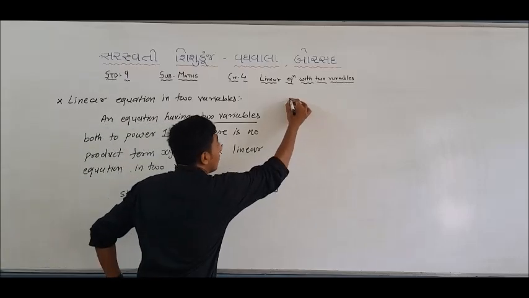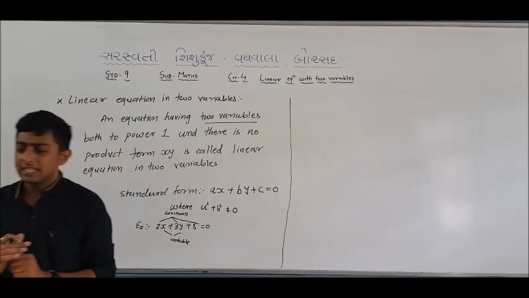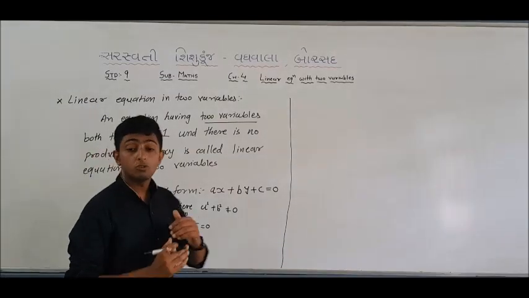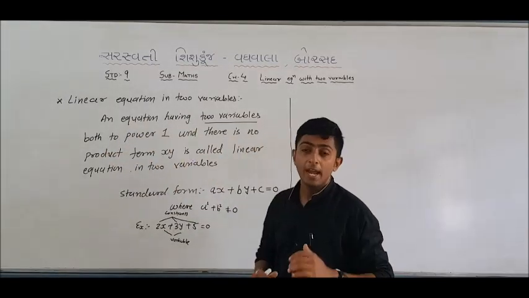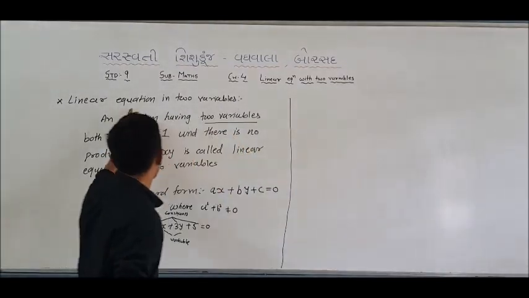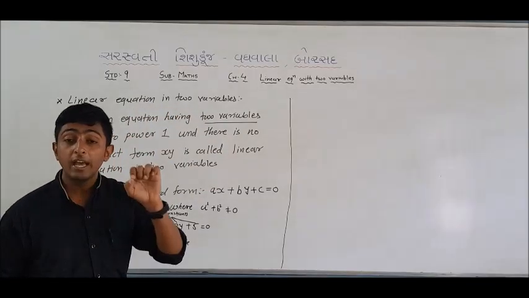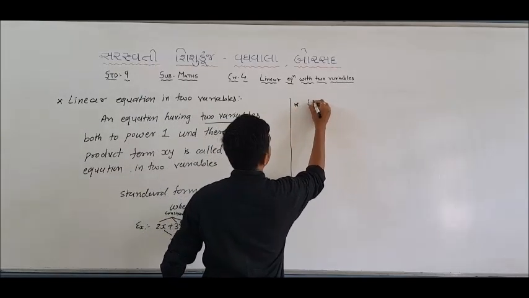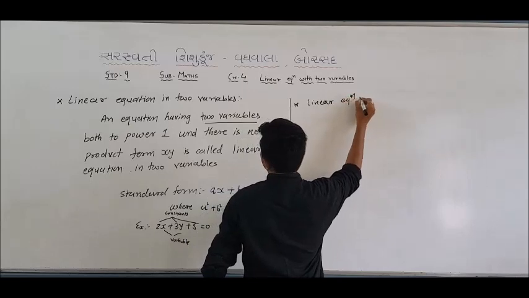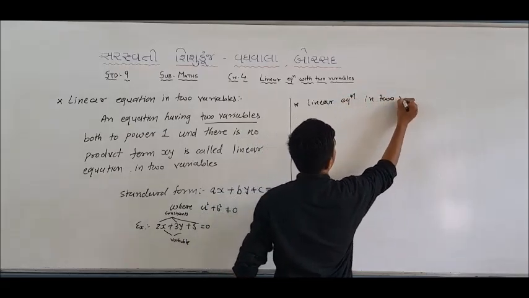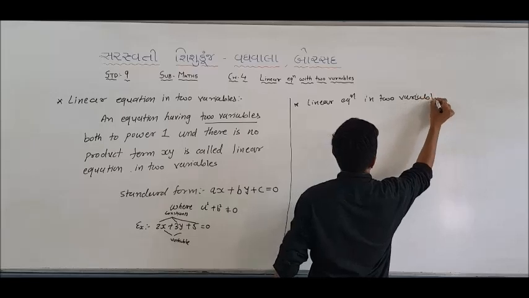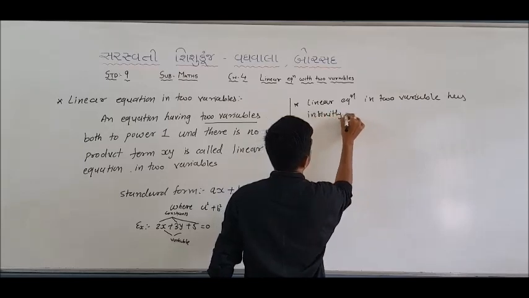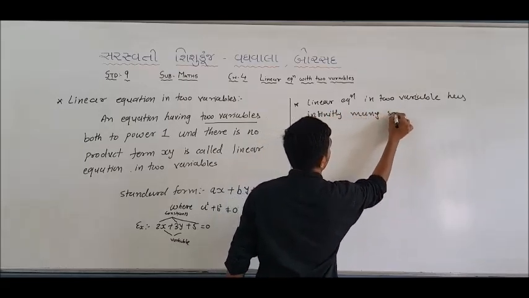Friends, now there is one question. We know that a linear equation with one variable has a unique solution. So what about a linear equation in two variables? A linear equation in two variables has infinitely many solutions.